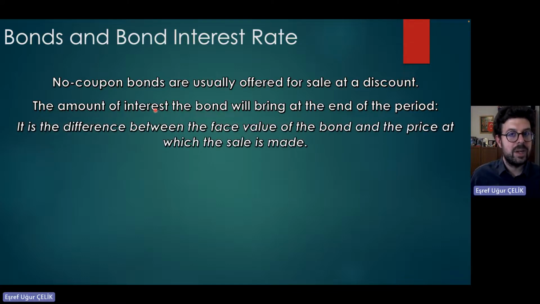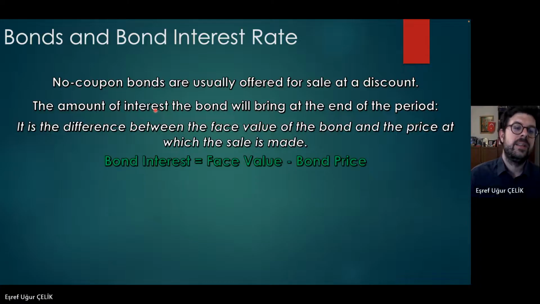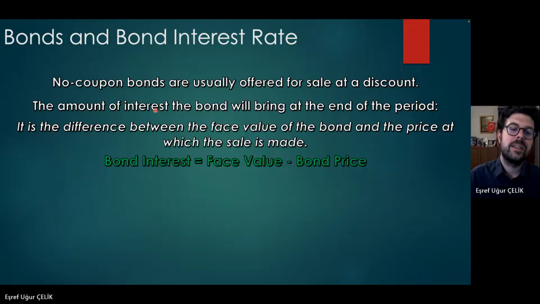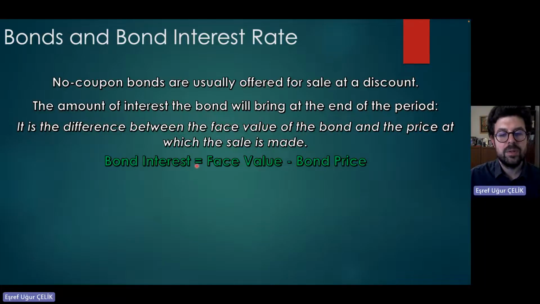Okay, let's come to a new formula. How can we calculate the interest of bonds? The bond interest formula is equal to face value minus bond price. In our previous example, I said we can buy a bond at 100 and the face value is 120. So 120 minus 100 gives bond interest 20.